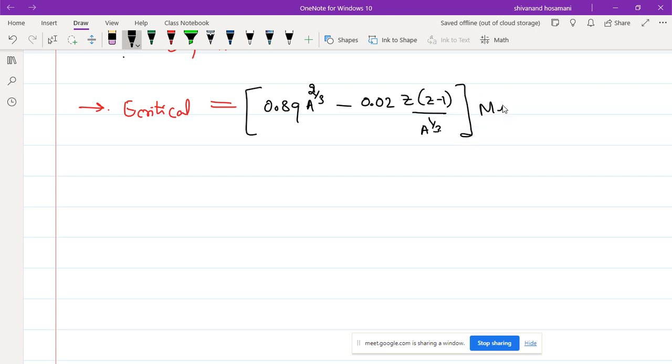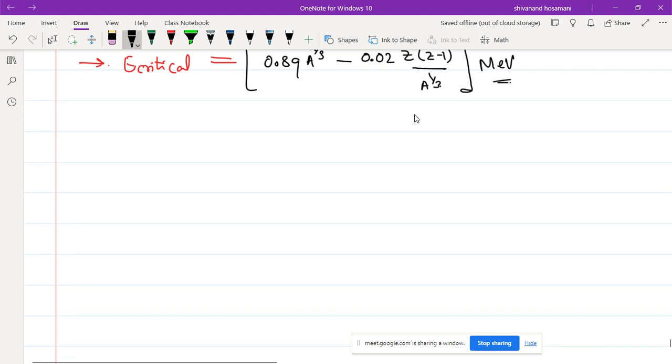That is given by this, in terms of mega electron volts. This is the critical energy ಅಂತ ಡಿಫೈನ್ ಮಾಡ್ತೀವಿ. ಅಟಾಮಿಕ್ ಮಾಸ್ ನಂಬರ್ ಗೊತ್ತಿದ್ರೆ ಸಾಕು ಡಿಫೈನ್ ಮಾಡ್ಬೋದು.